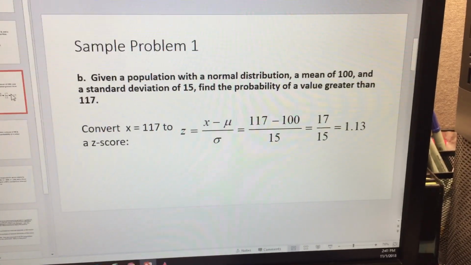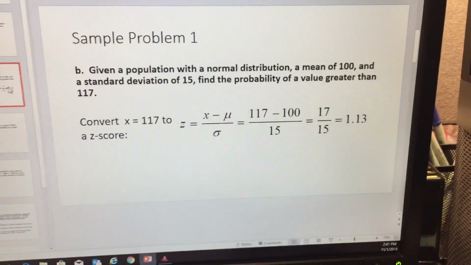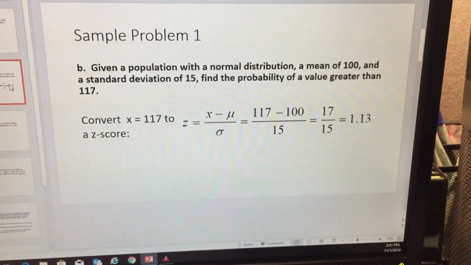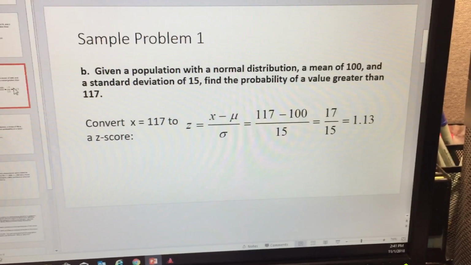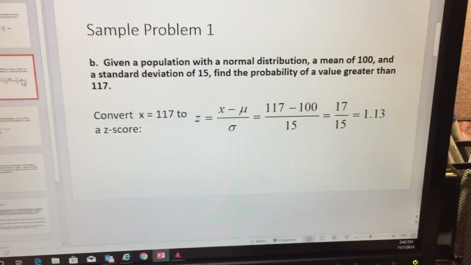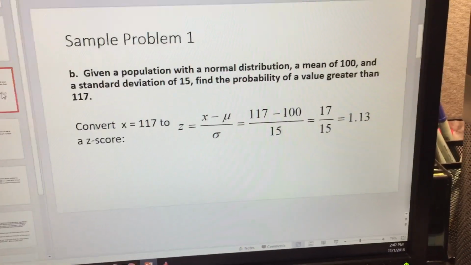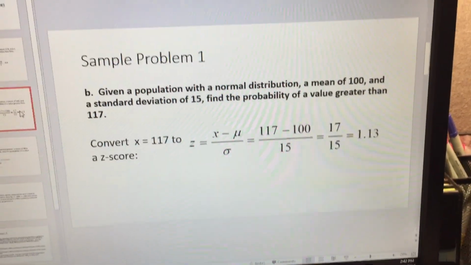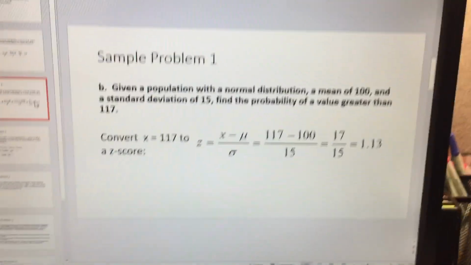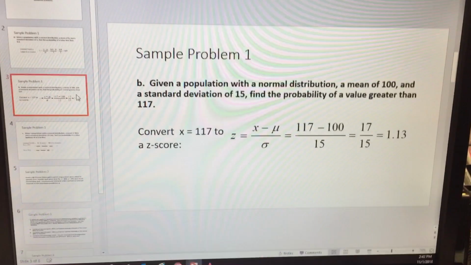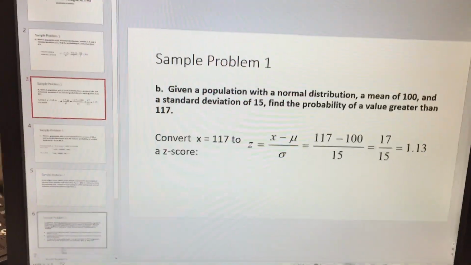The mu is your mean of 100. The sigma, standard deviation of 15. So 117 minus 100 is 17. 17 divided by 15 will be, to 2 decimal places, 1.13. So always round the z values to 2 decimal places. So it'll be approximately 1.13.